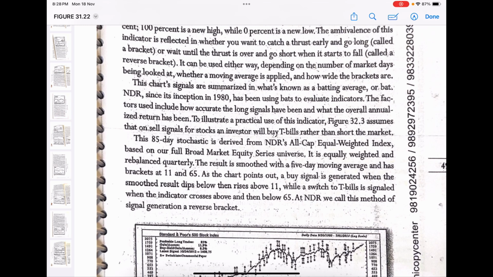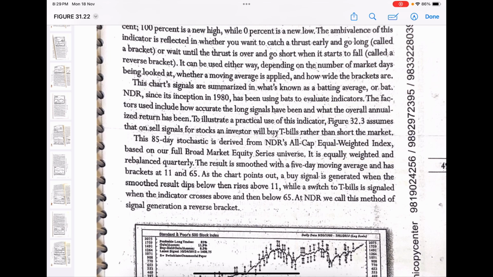The factors used include how accurate the long signals have been and what the overall annualized return has been. To illustrate a practical use of this indicator, figure 32.3 assumes that on sell signals for stocks, an investor will buy T-bills rather than short the market. This 85-day stochastic is derived from NDR's all-cap equal weighted index based on our full broad market equity series universe.